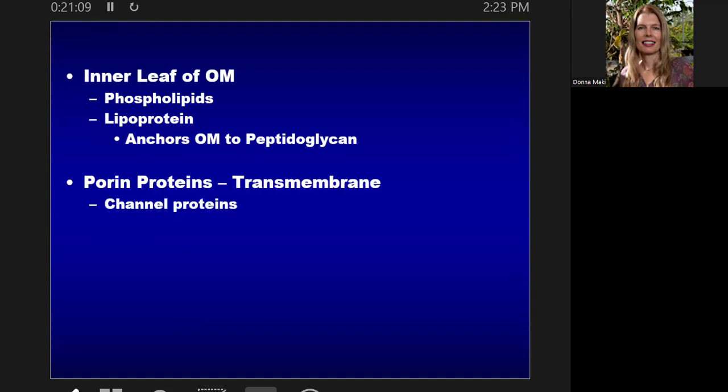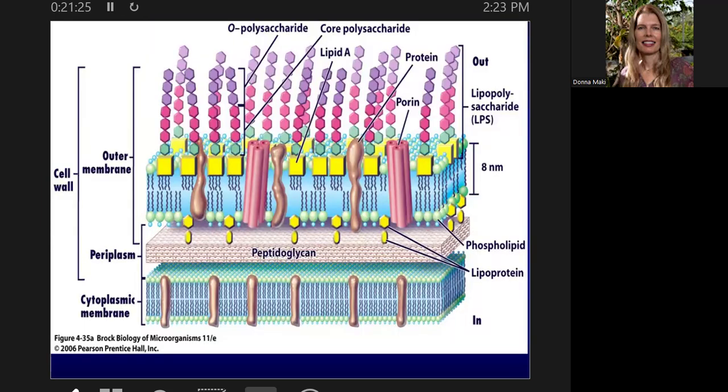And then those porin proteins I mentioned are part of coming through the whole outer membrane. You can see the lipoprotein here is making sure that portion of the outer membrane is linked into the peptidoglycan, so it's stable.